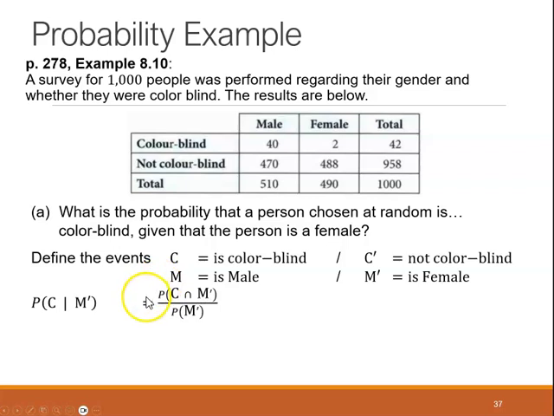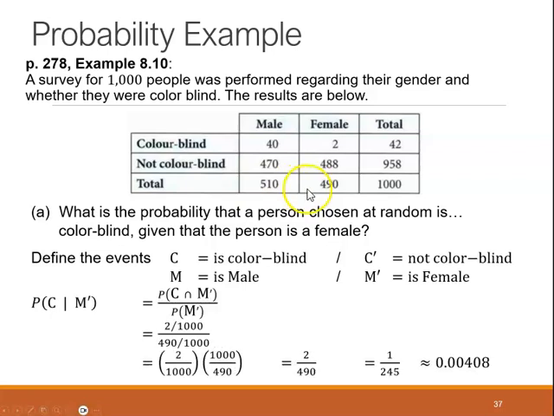So that's going to be this probability formula. So I go to my chart here. So colorblind and not male is 2, divided by the probability of not male, oh, I'm sorry, not male, 490.